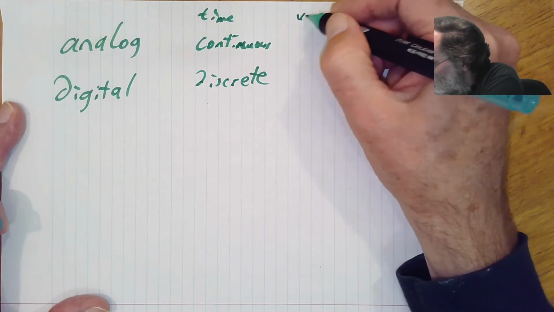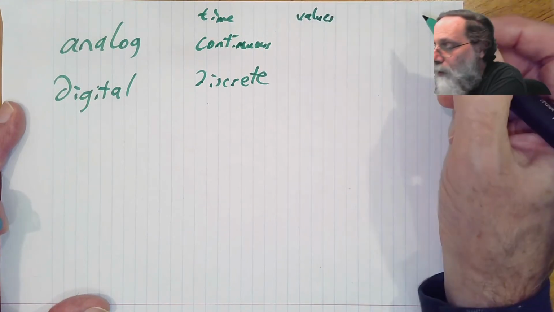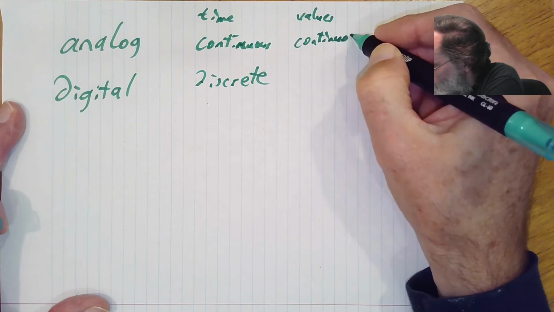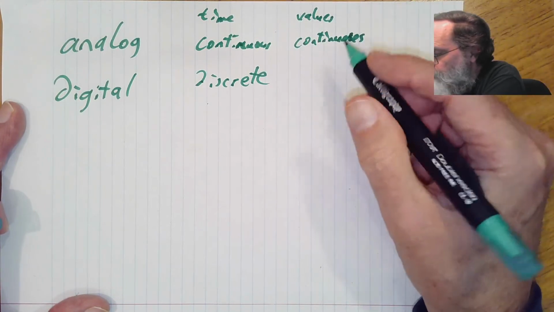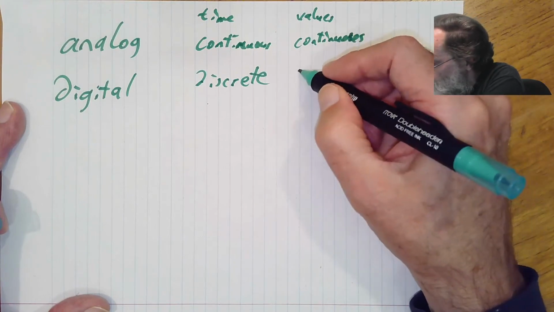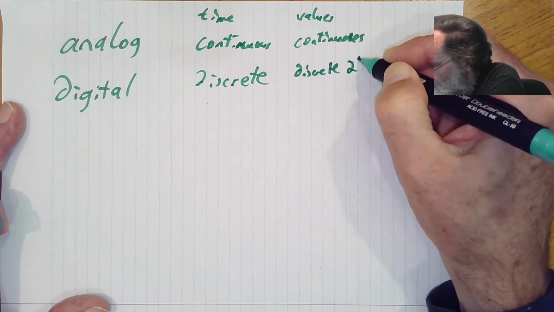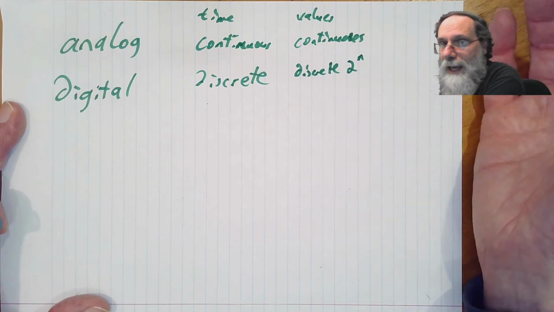Our values for analog were continuous, and for digital they were discrete, generally 2 to the n for some number of bits n.